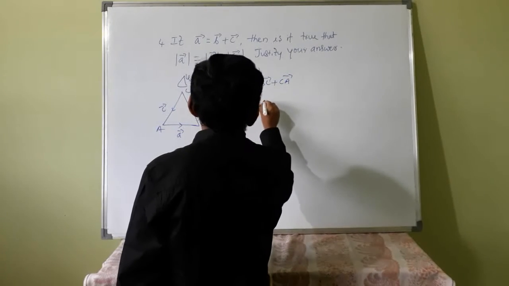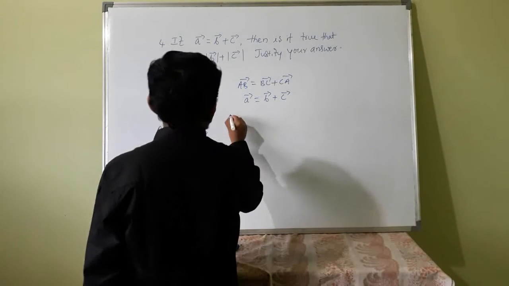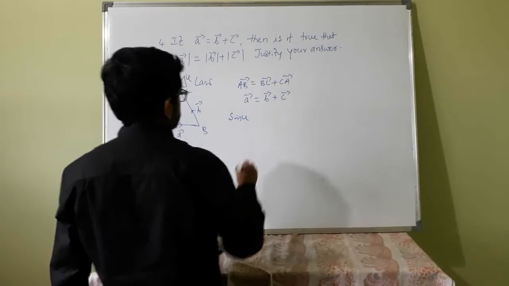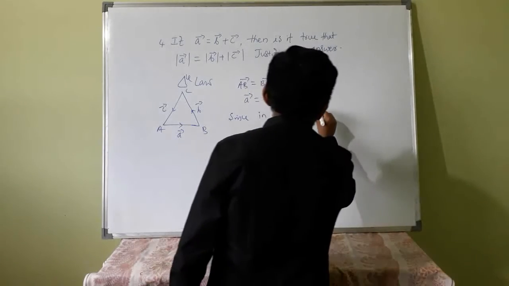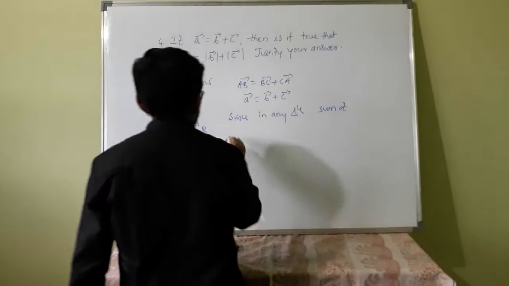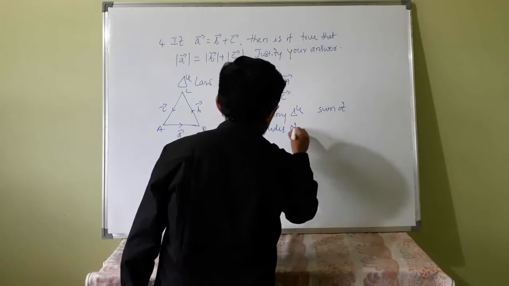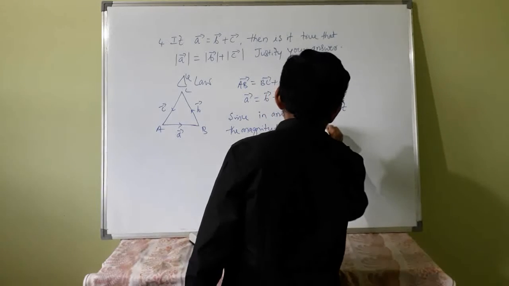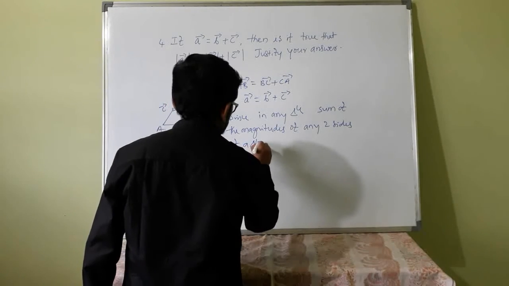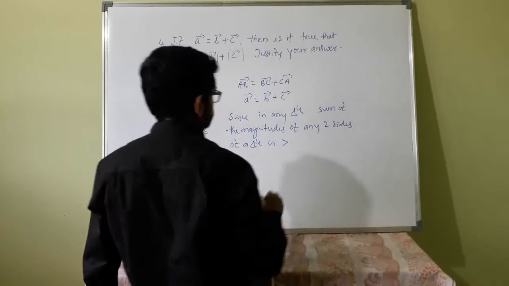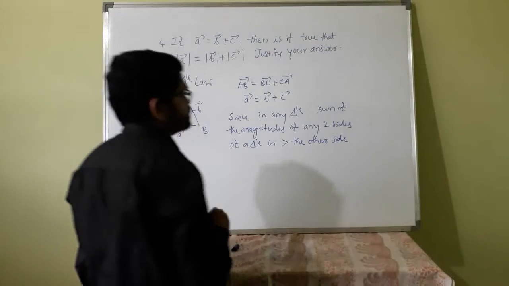B plus C. Since in any triangle the sum of the magnitudes of any two sides of a triangle is greater than the magnitude of the other side.